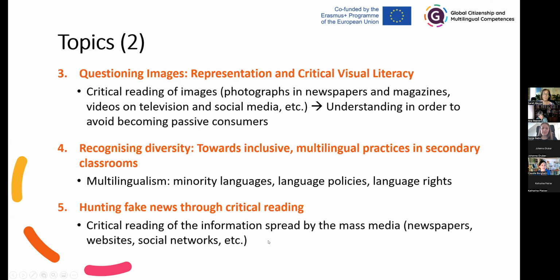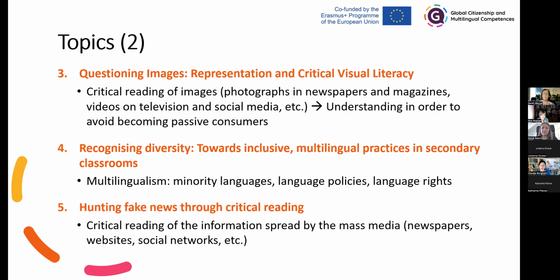Third module, it's about critical reading. Critical reading is at the basis of at least 2 different modules. This is the first, questioning images, because today we are exposed to many images in newspapers, in magazines, social media, the TV, and so on.